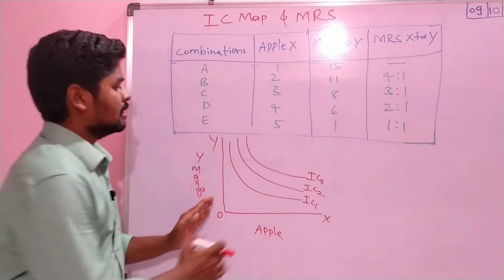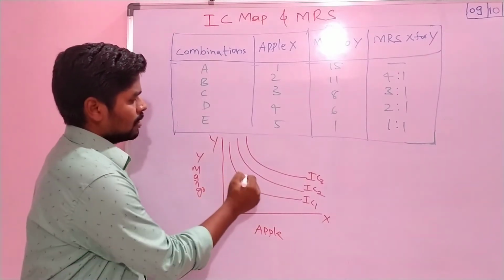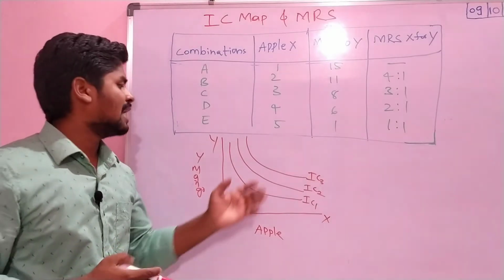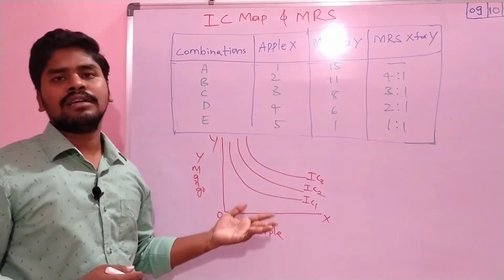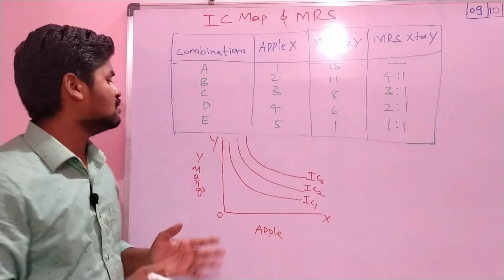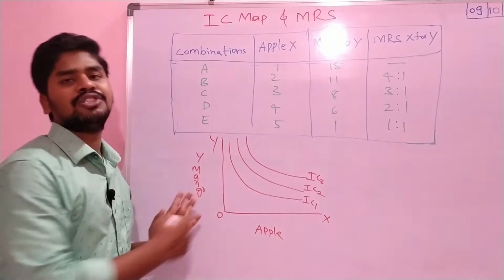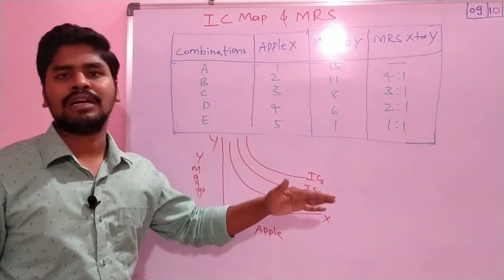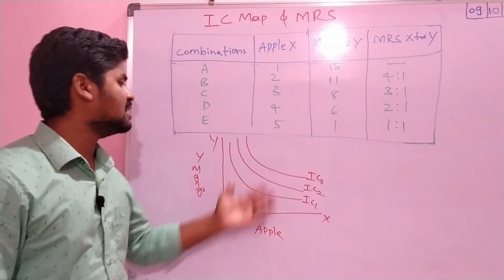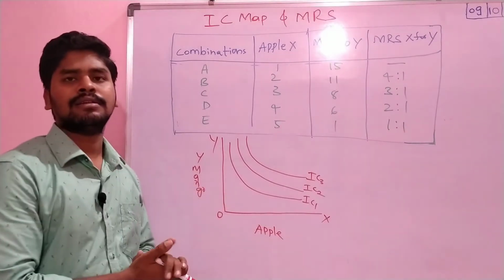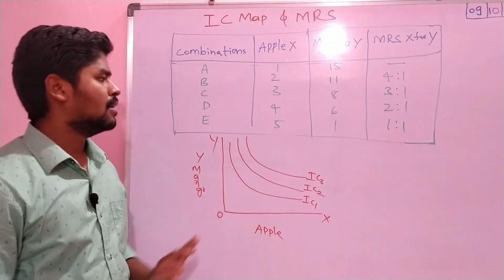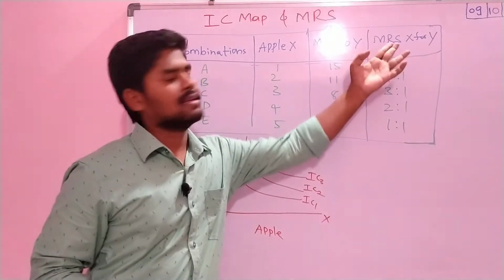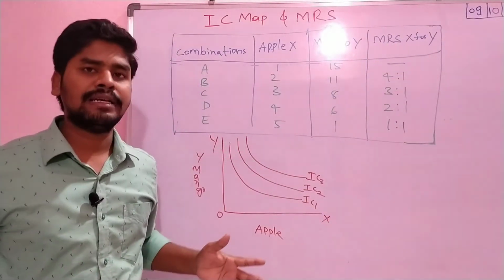The downward, lower indifference curve gives a small level of satisfaction, and the second indifference curve gives a higher level. A downward shift of the curve gives a lower level of satisfaction, and an upward shift gives a higher level. That is what the indifference curve map is.